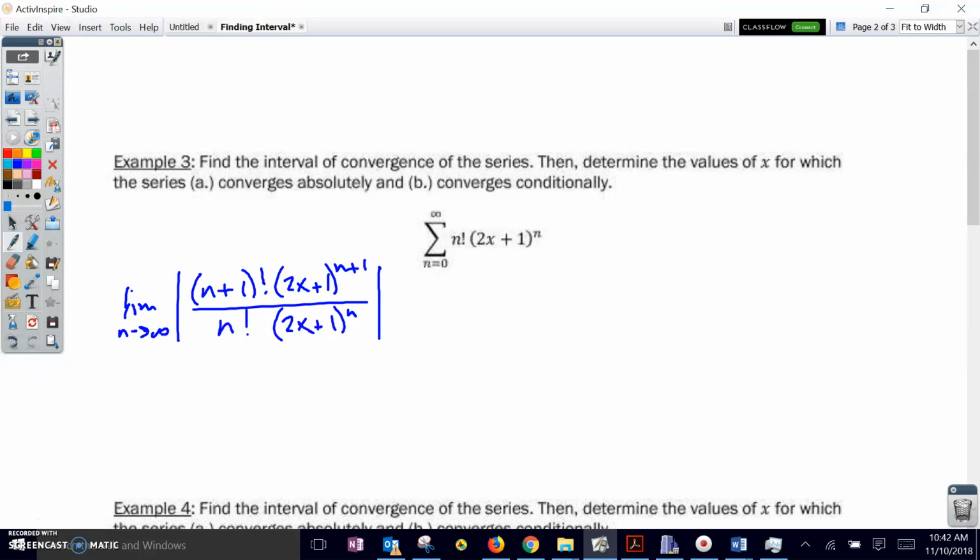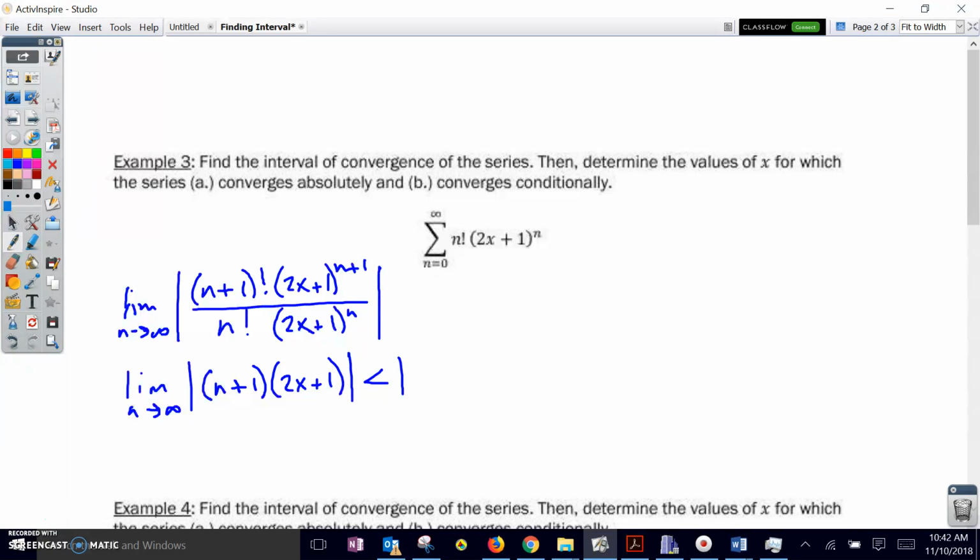And simplifying this, we end up with the limit as n goes to infinity of the quantity n plus 1 times |2x plus 1|. And in order for this to converge, that needs to be less than 1.